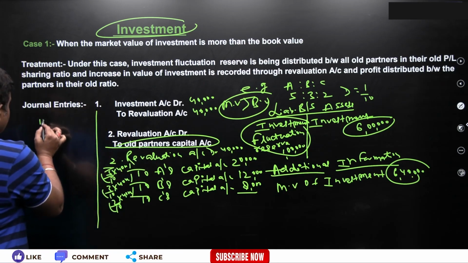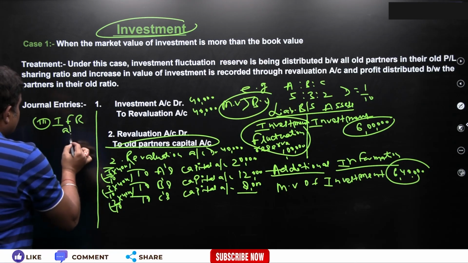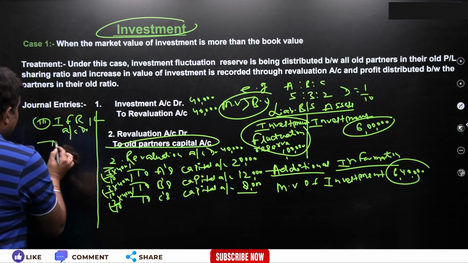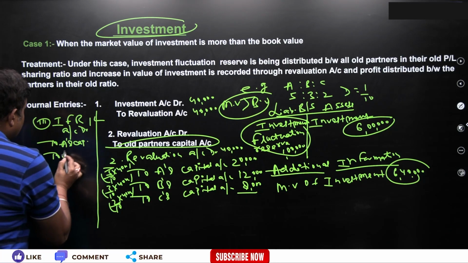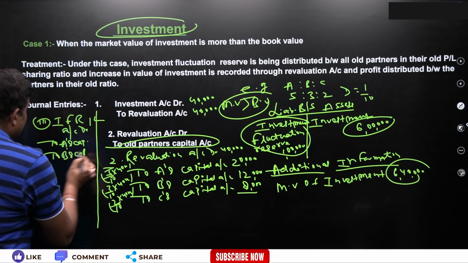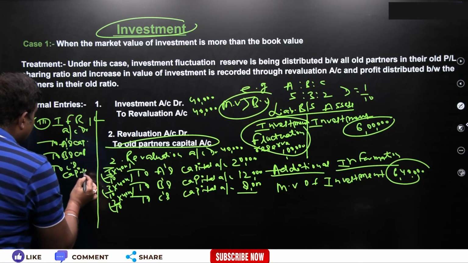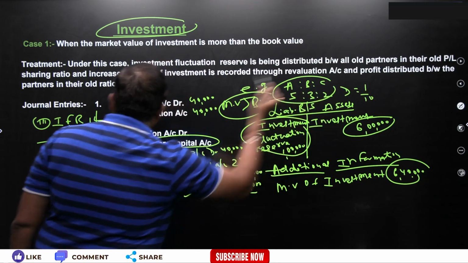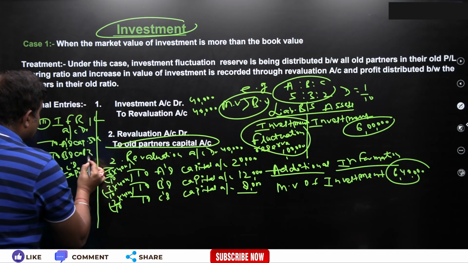So here I can write the third entry: investment fluctuation reserve account debit, the value is 1 lakh, and this needs to be distributed to A's capital, B's capital and C's capital, of course in their old profit and loss ratio, that is 5:3:2. So 5 by 10 of 1 lakh will give you how much? 50,000. 3 by 10 is 30,000 and 2 by 10 is 20,000.